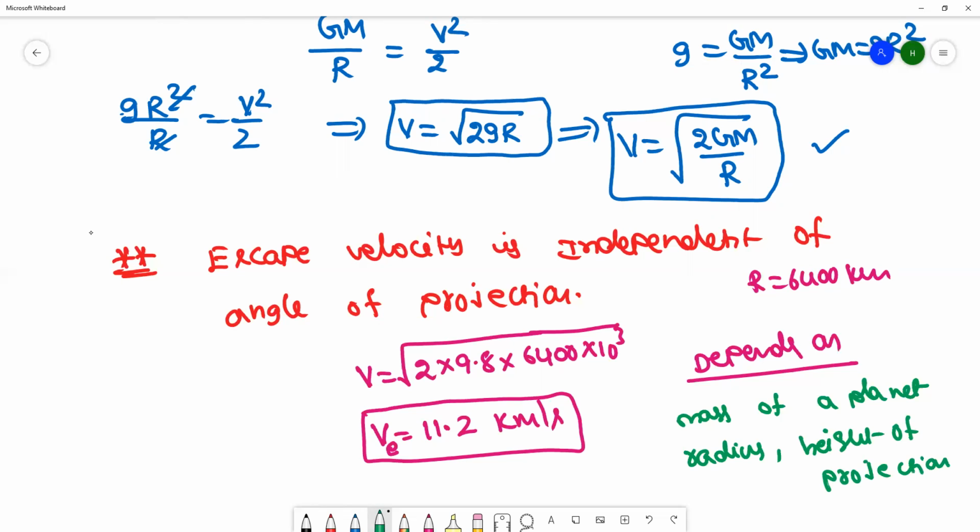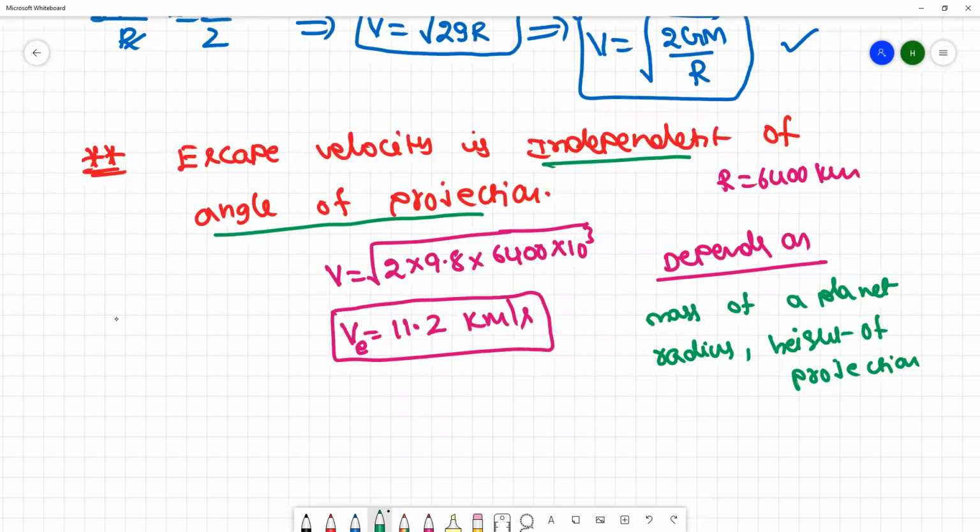So once again recalling, it is independent of the angle of projection, but it depends on mass, radius, and the height of projection.